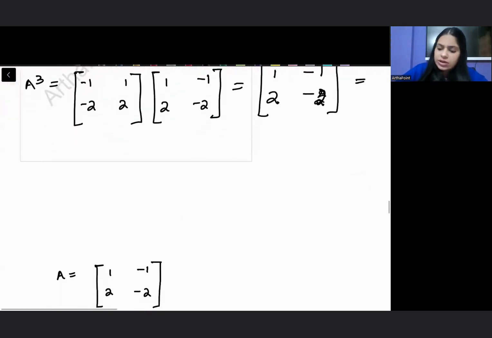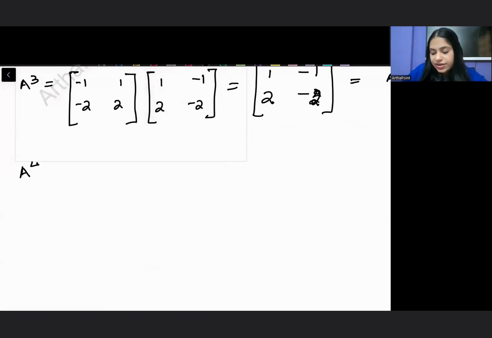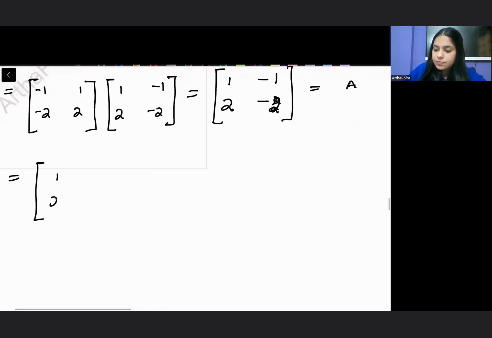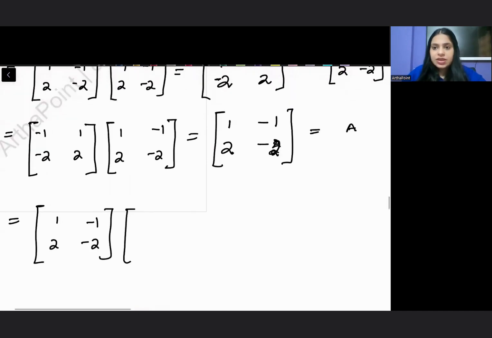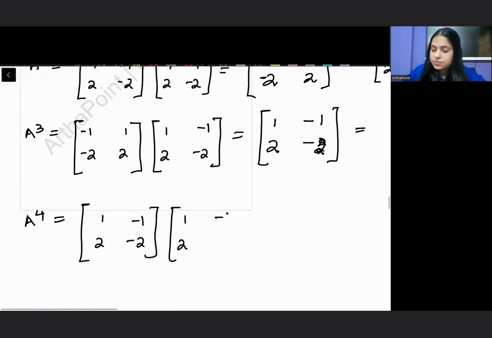Just for the sake of completion, you can go ahead and find A to the power 4 also, which will be A cube into A. So I will go ahead and find out this.